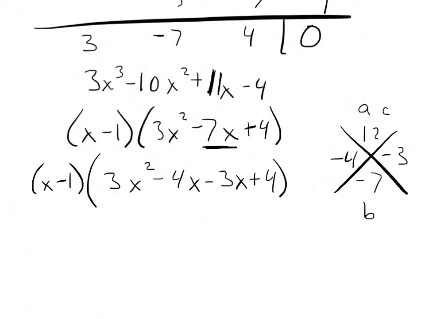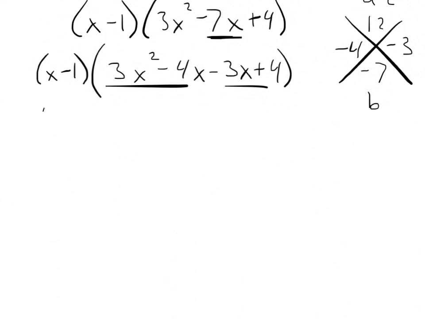And at this point, it's a factoring by grouping problem, right? I group these two together and these two together. We still have this x minus 1. From those first two things, all I can factor out is the x. From the second two things, seems like they have nothing in common.